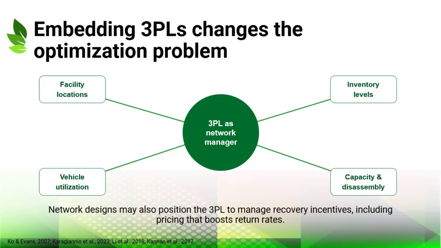For example, pricing or acquisition incentives may be adjusted to encourage consumers or channel partners to return more products. Technical constraints also matter, such as disassembly line balancing or recovery capacity. Therefore, adding a 3PL is not just a contracting decision. It changes the structure, objectives, and constraints of the entire reverse logistics model. The provider becomes part of the optimization logic.